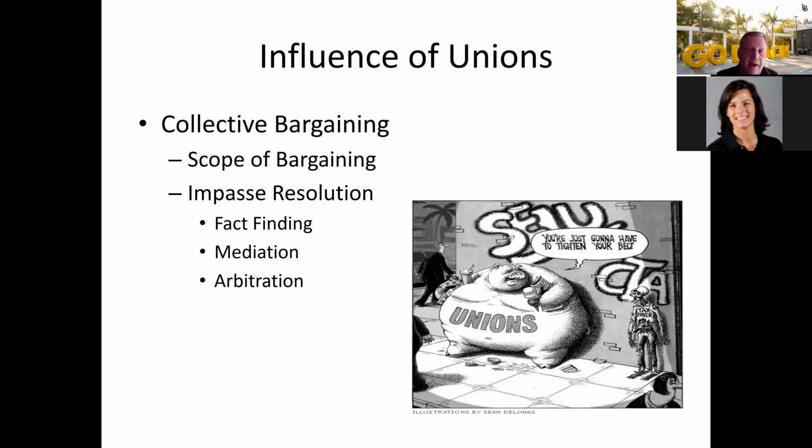Because in final offer binding arbitration, as we said, the arbiter comes in, looks at the final offer from the bargaining unit and the final offer from the agency, and then will pick whichever one the arbiter prefers or believes is fairer or more appropriate. And then both parties are bound to abide by that decision made by that arbiter. So we have ways in which we can break these impasses.